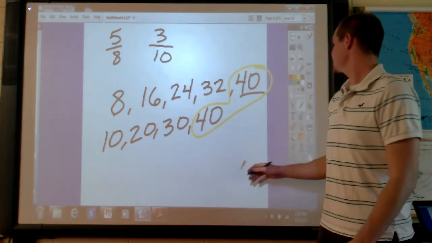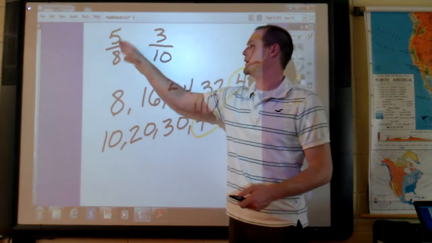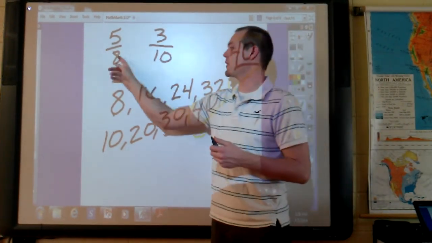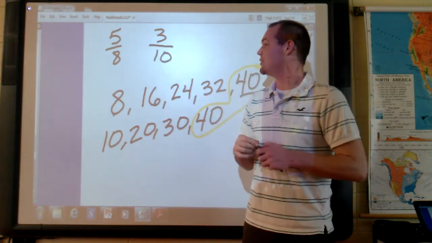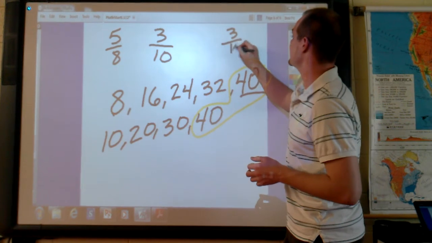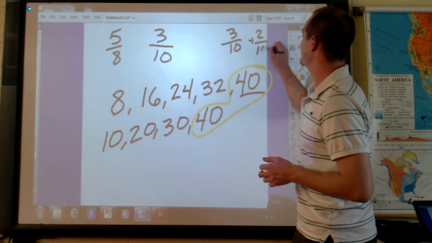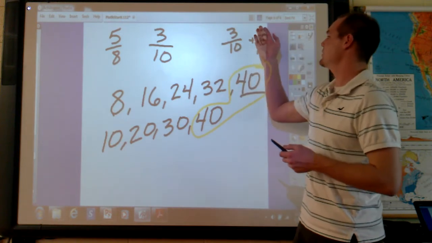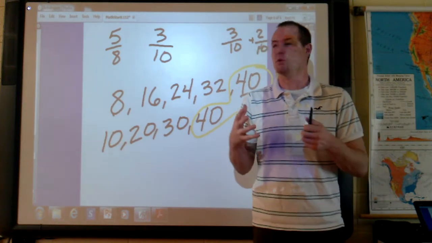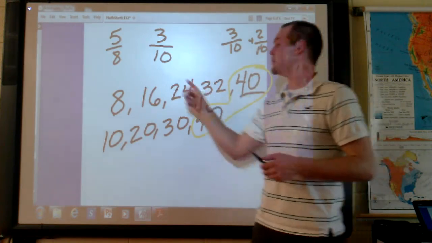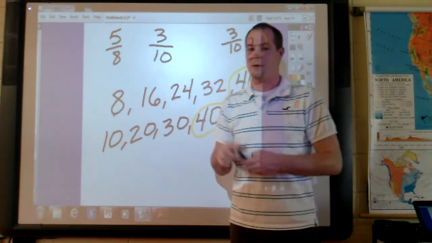Now, why did they give it to us in fraction form here? Well, eventually, when we add and subtract fractions, we will need to find common denominators, because remember that you can take 3/10 plus 2/10, but you couldn't add 3/2 plus 2/10. You need to have common denominators. Well, finding least common multiples is a way to find common denominators.